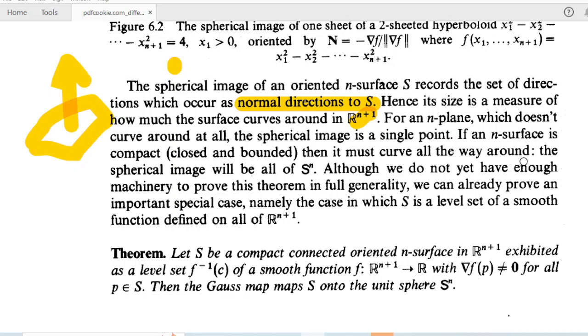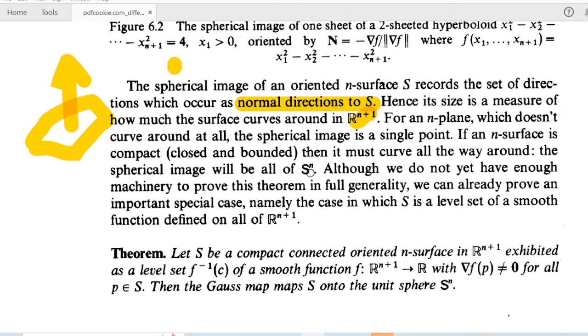Simply think of an example: consider a sphere, a closed sphere, meaning only the outer surface. We can see that the sphere is closed and bounded, and at every point it is curving all the way around. The spherical image will be all of Sn.